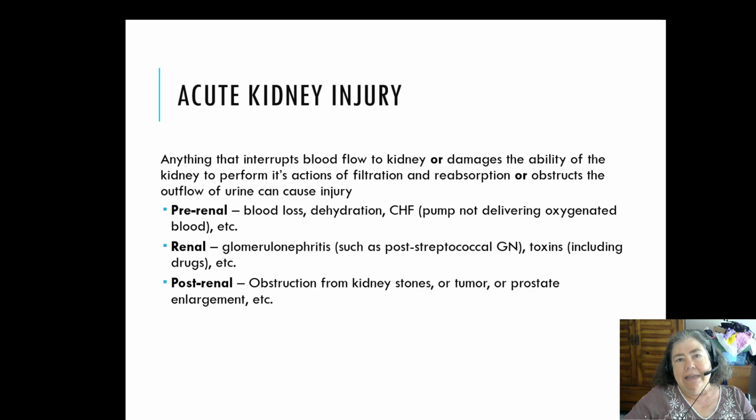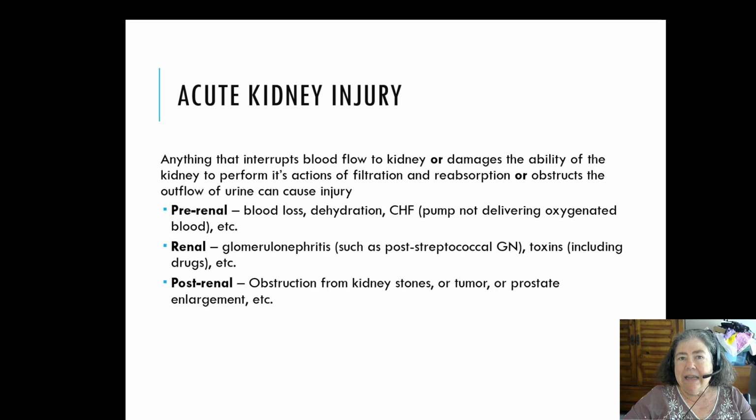Things that directly damage the kidney, things like post-streptococcal glomerulonephritis, which is an infection-triggered autoimmune problem in which the kidney tissues become inflamed and we lose nephrons. That is a renal problem or an intrarenal problem.